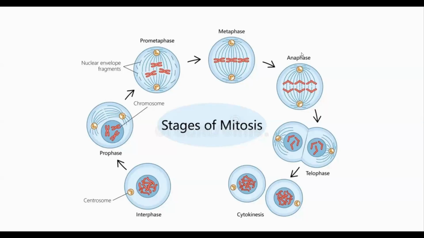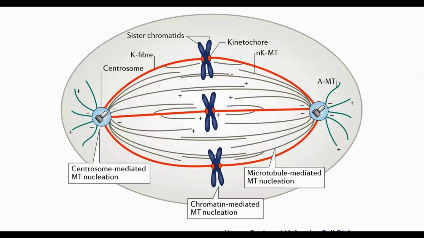Now we're going to identify a couple of important structures involved in the process. The spindle apparatus consists of microtubules that help segregate the chromosomes, while asters are star-shaped structures that form around the chromosomes.